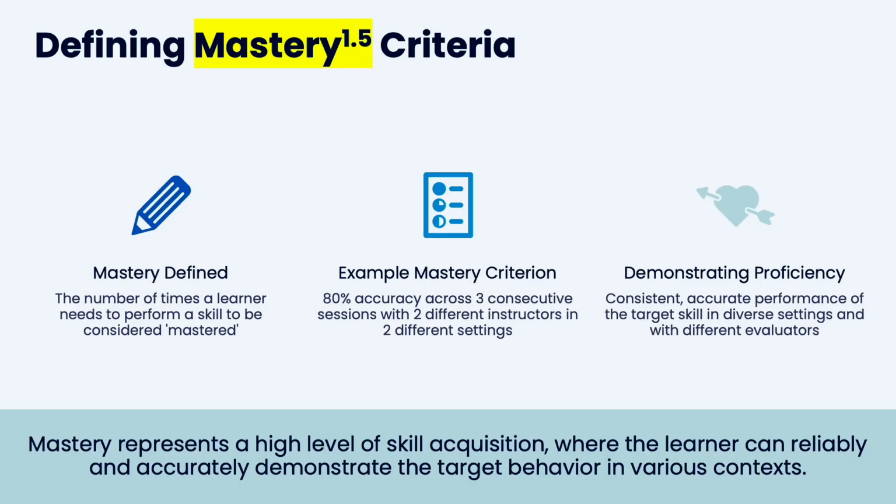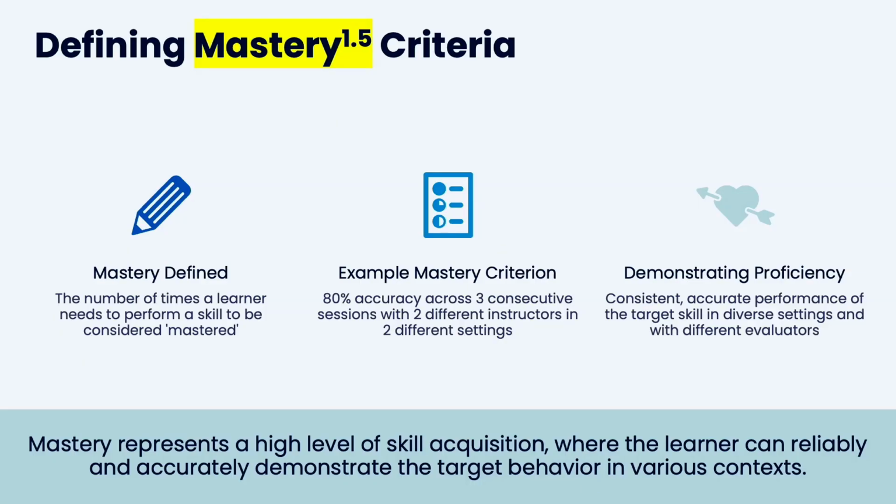Okay, so what is mastery? People confuse mastery and accuracy, and all SMART goals should have both. Mastery is how many times do they need to do it correctly with that accuracy that you already wrote into the goal, or your supervisor wrote into the goal, to say this is mastered. They're done. We can move on.